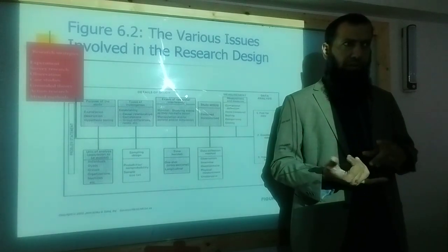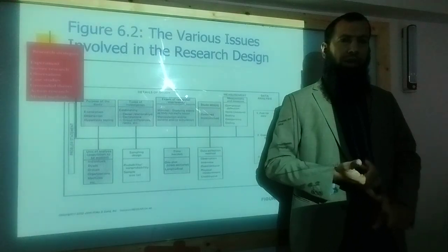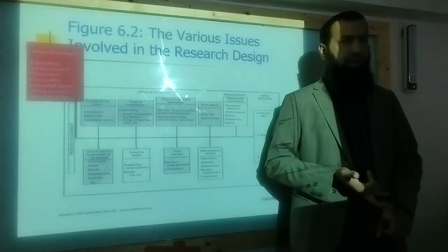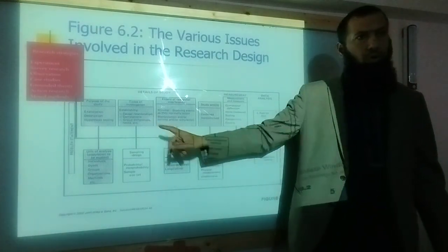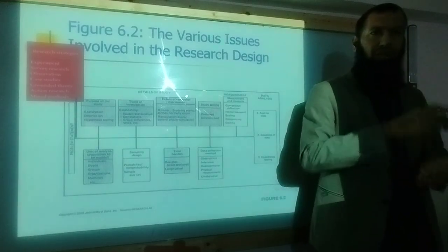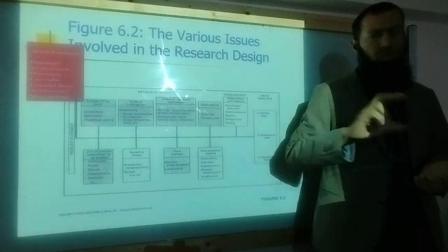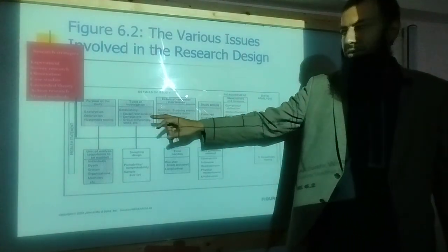For example, I gave you the example of how women are better than men, or how men are better than women, and on what characteristics. Or how many classes are better than the other classes, and whether this class is better than the other classes. So basically you try to learn about the groups. This is also a type of investigation.